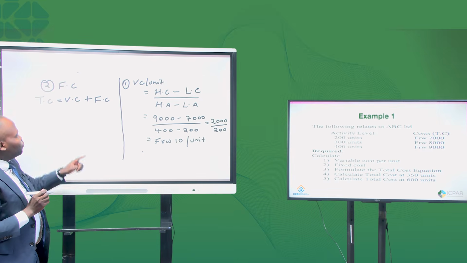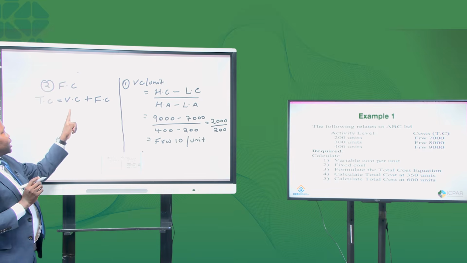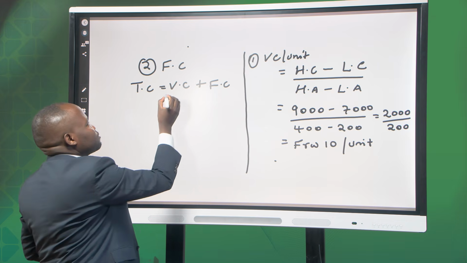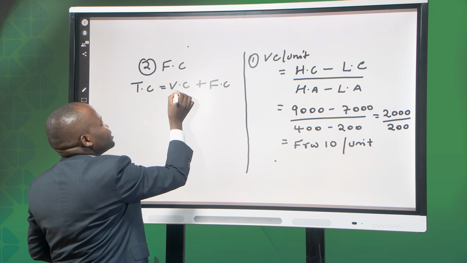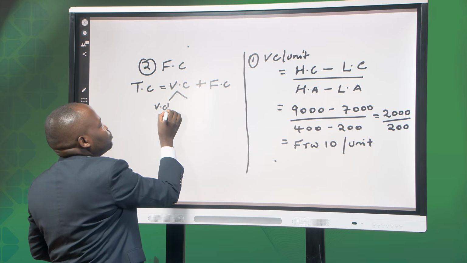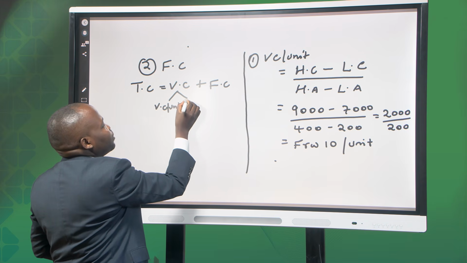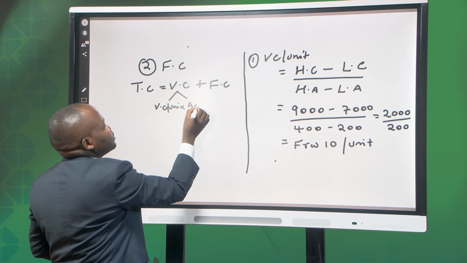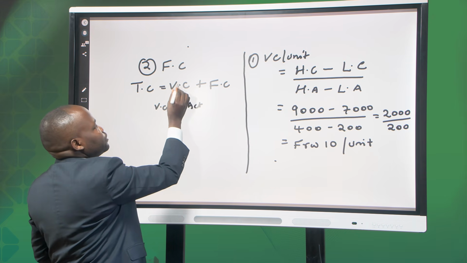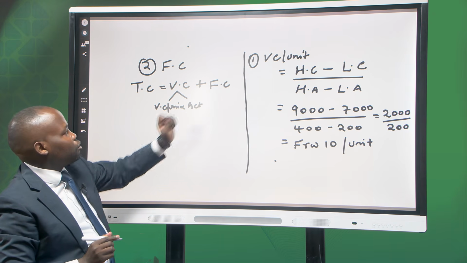In other words, when you want to get the total cost, there are 2 items you look at: variable cost plus fixed cost. Now this variable cost is normally subdivided into 2: variable cost per unit, and then you multiply by activity. So variable cost per unit times activity gives you variable costs. And then you add fixed costs.